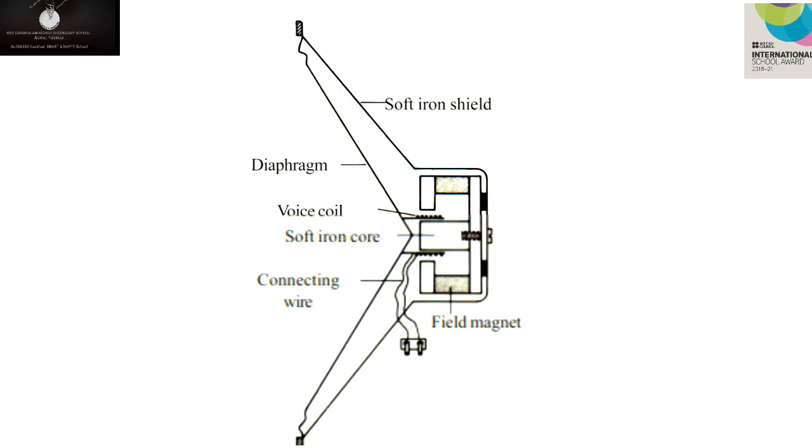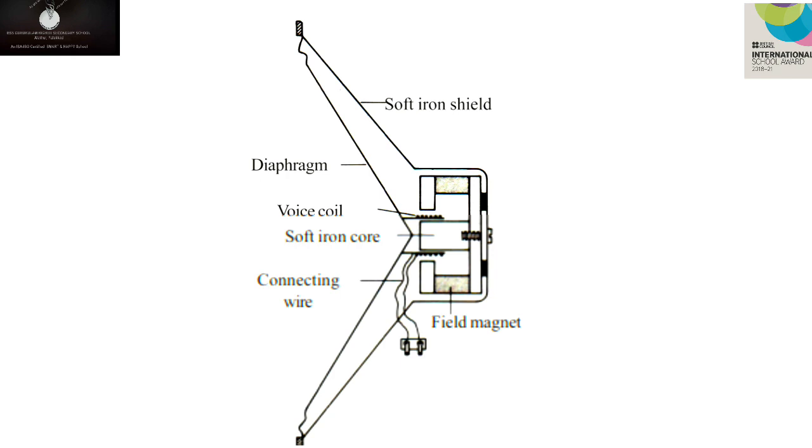Look carefully and tell me, where is the voice coil situated? The voice coil is situated in the magnetic field, and attached to the voice coil there is a diaphragm.